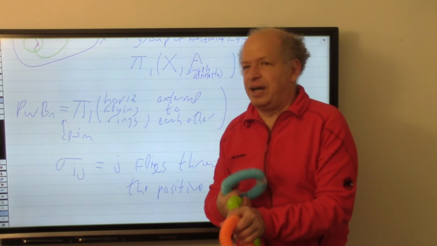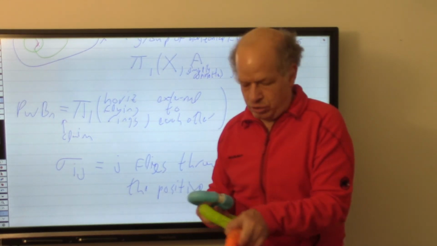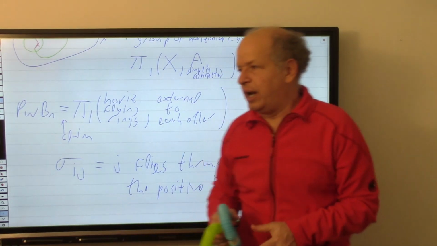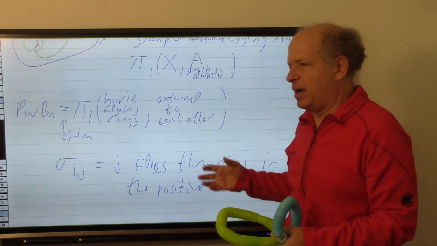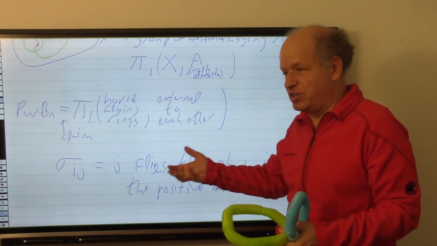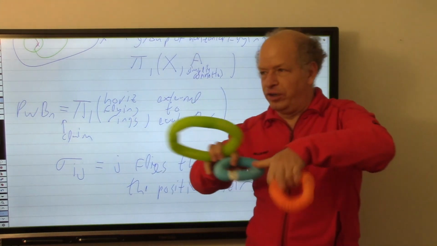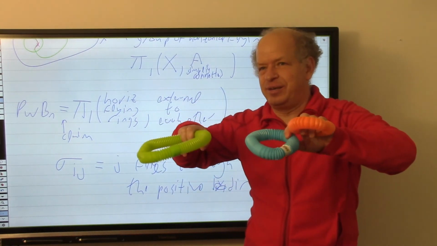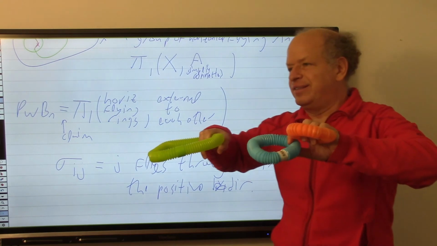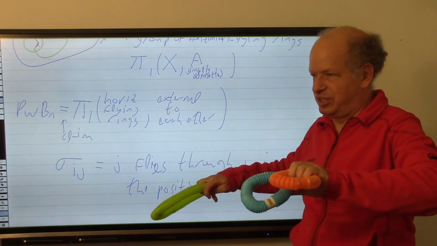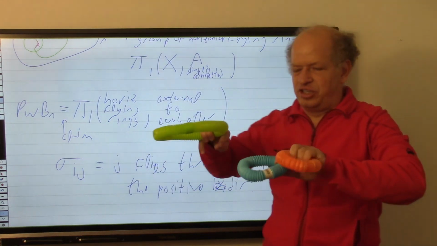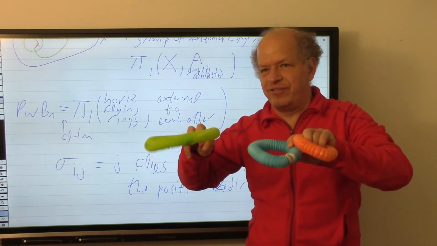But I encourage you to buy another set of hands so that you can hold 3 rings at the same time, and then test all the relations. Okay? So all the relations have a meaning.